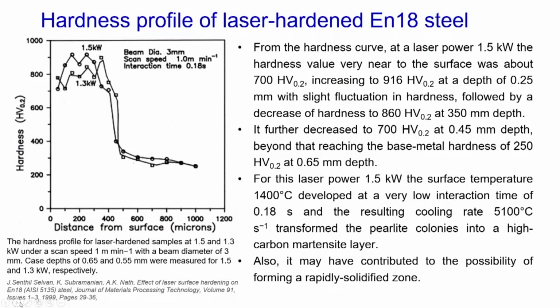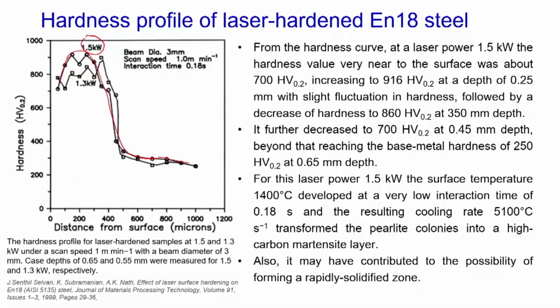Now, let us take the second curve. The second curve is for 1500 watt, that is there on your screen, and it has been shown by using circles. So, this is the curve for 1500 watt. Again the other parameters were the same, only the power we are varying here. Now, let us look at the observations that we got.